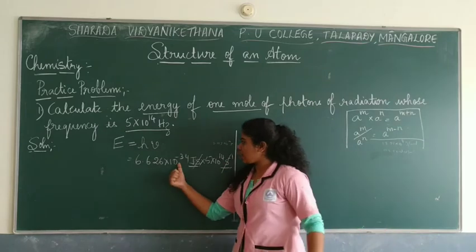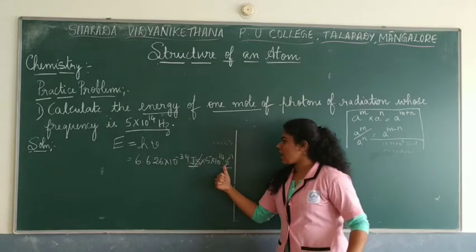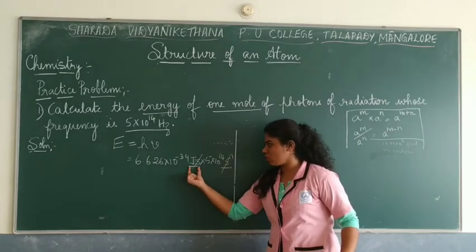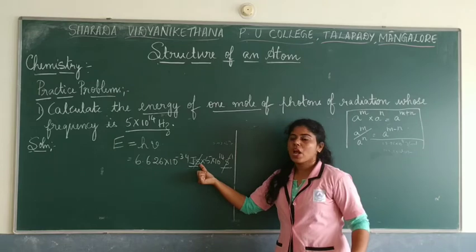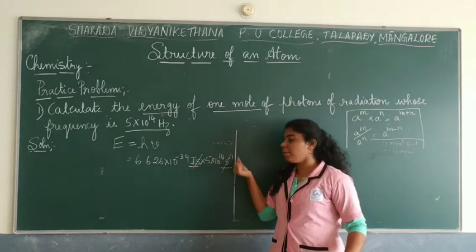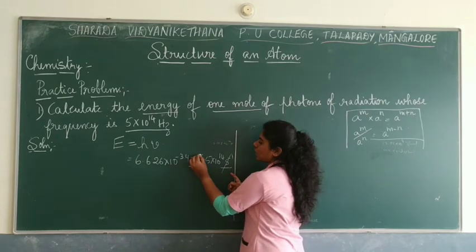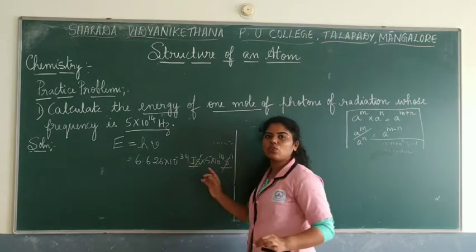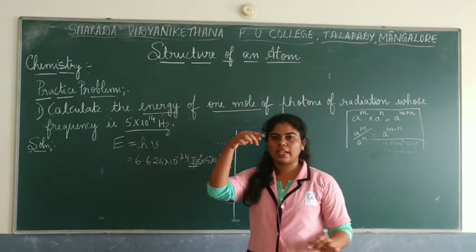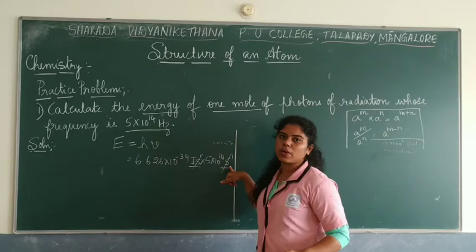Here, the units 1 and minus 1, when you add them up, get cancelled. So here second and second inverse get cancelled.